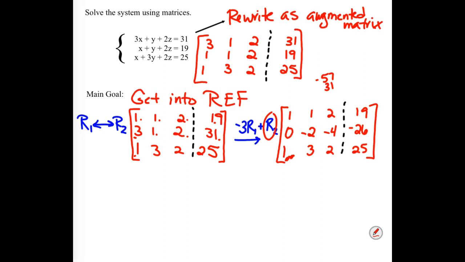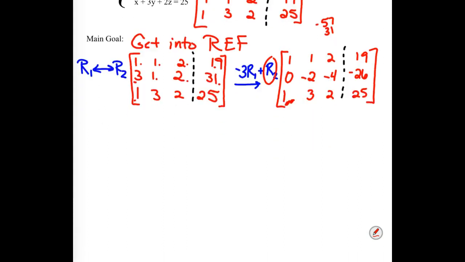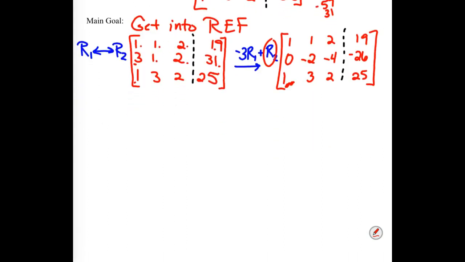Could I also do negative 1 times row 1 and add it to row 3? Which do you prefer? You can do either way. Okay? Let's do negative 1 times row 1 and add it to row 3. So we're changing row 3.